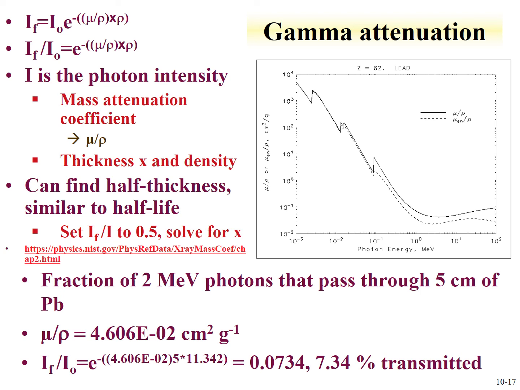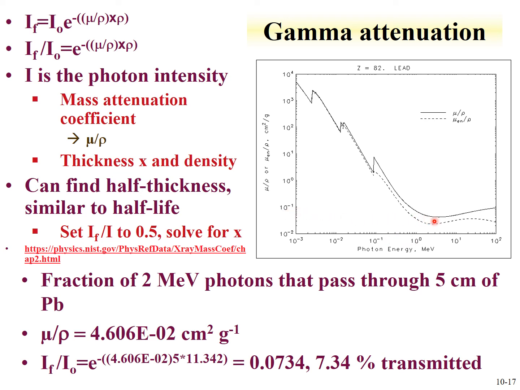So, as a simple example, one can determine what fraction of 2 MeV photons pass through 5 centimeters of lead, that is, what's the fraction of those photons that survive. One can go to, again, the NIST database, and look at the X-ray mass attenuation coefficients for 2 MeV photons.